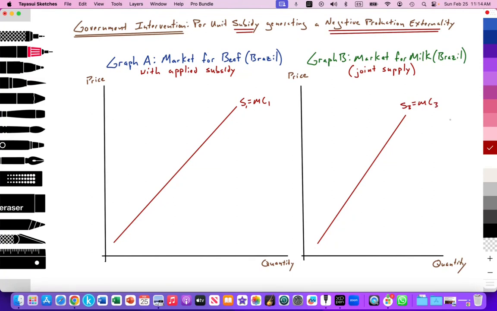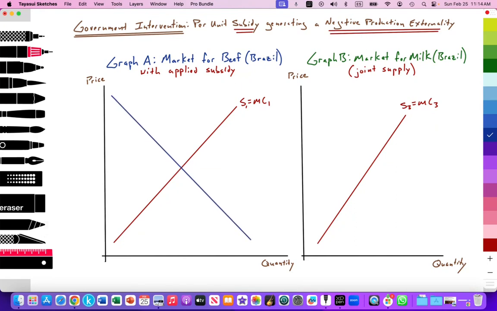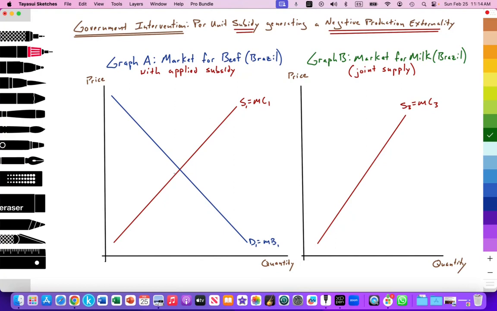Then we'll have a price set. Well, actually, I'll put the demand curve in for graph A. We have demand here being equal to the marginal benefit. And then we'll have the equilibrium where S1 equals D1. Price equilibrium is established and the quantity equilibrium is established.